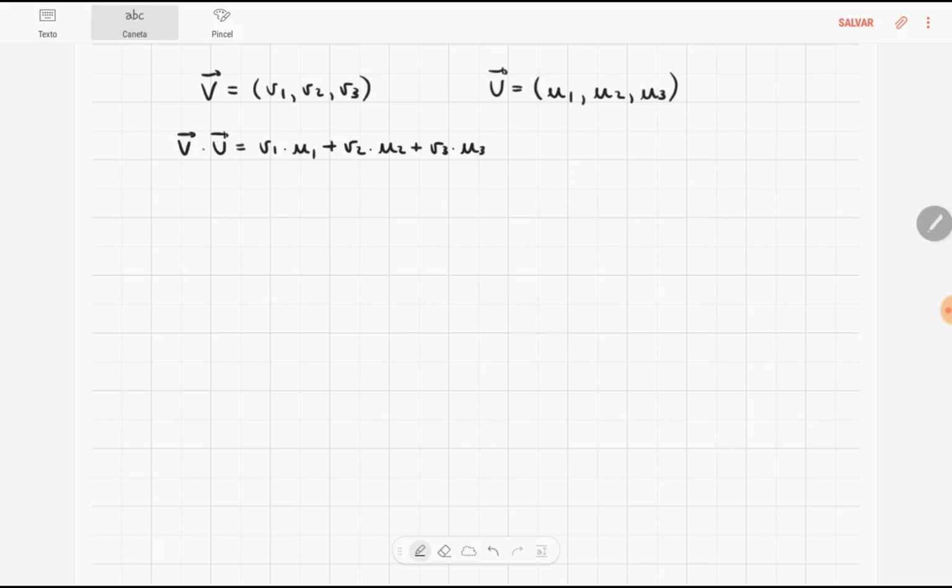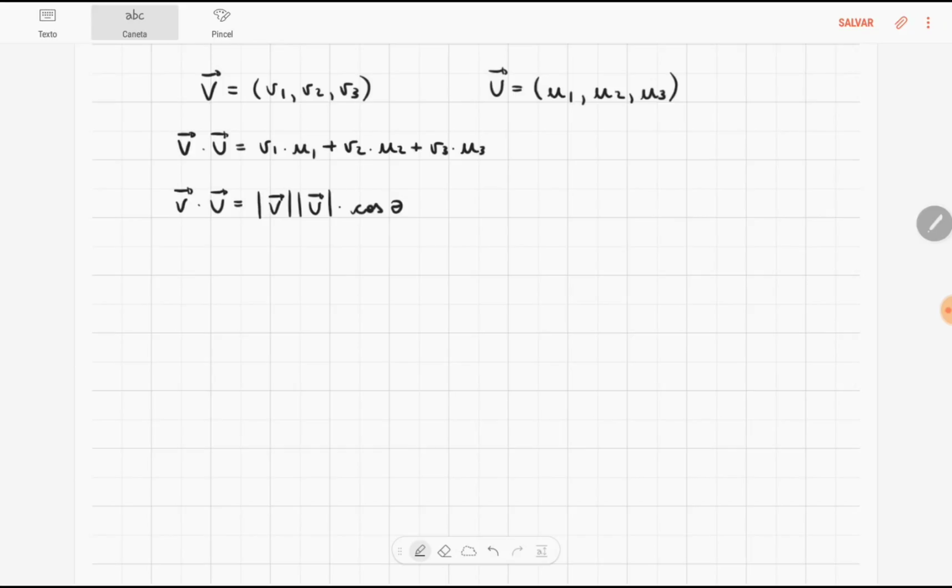And we know that the dot product may also be given by the product of the magnitudes of the two vectors times the cosine of the angle between them. So let's prove that both formulas are valid.